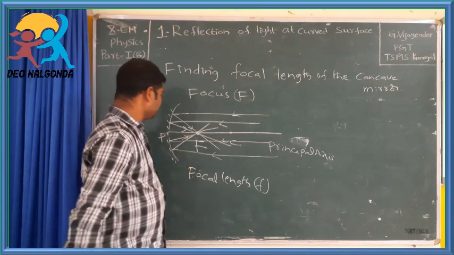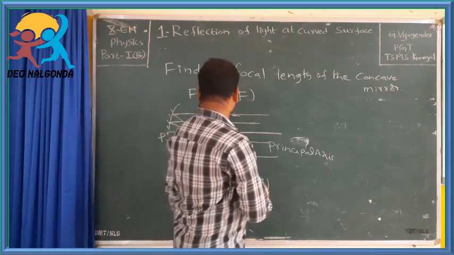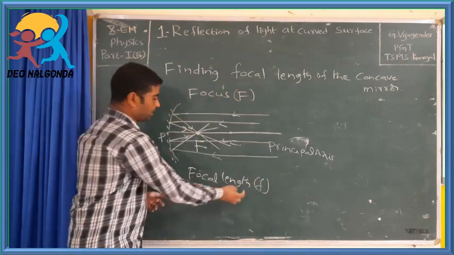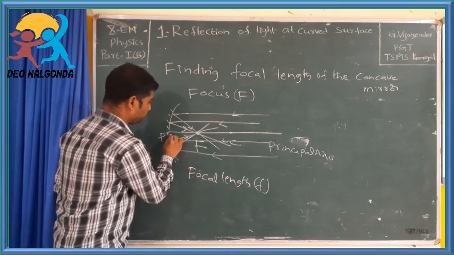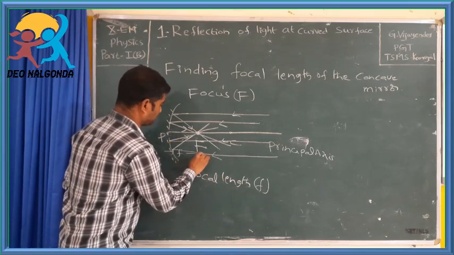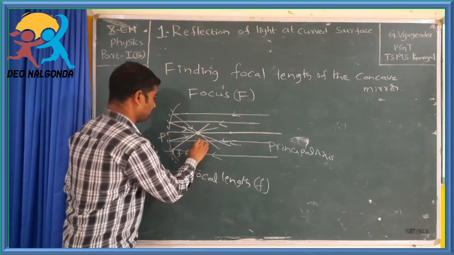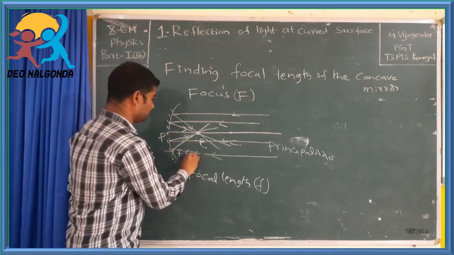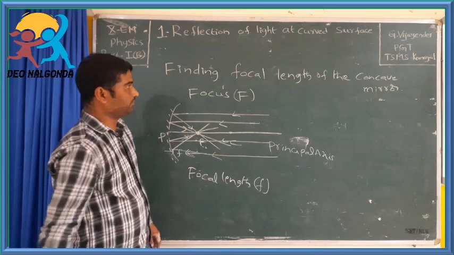So we can give the relation between the focal length small f and the radius of curvature capital R. The distance between pole and focus is called focal length, denoted by the small f.